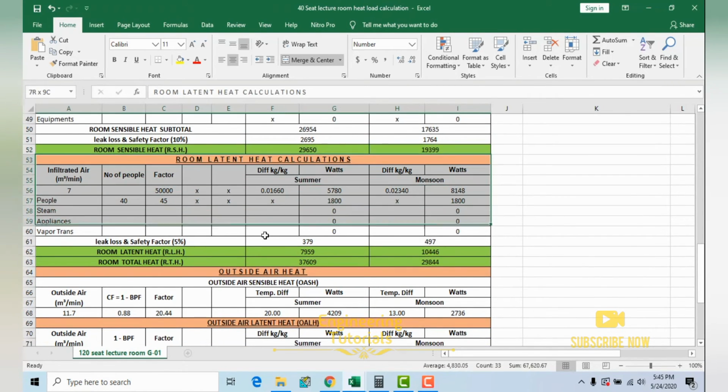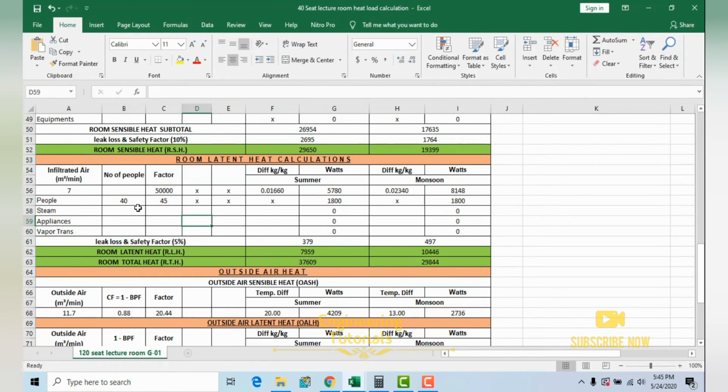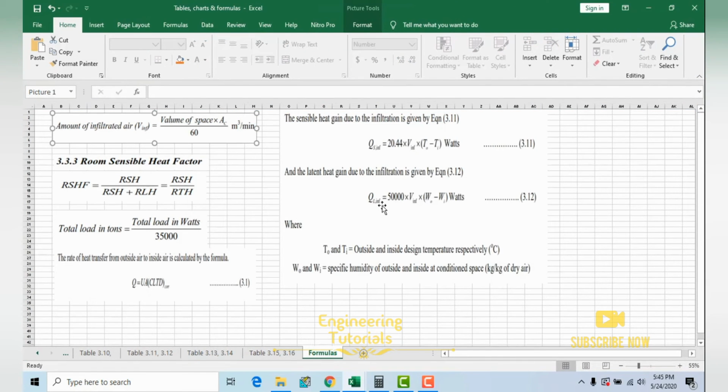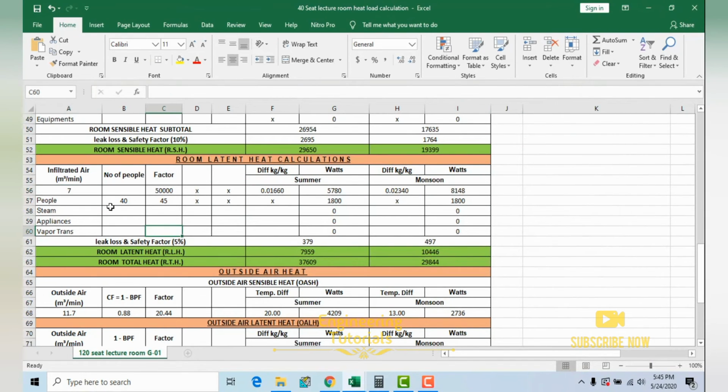And then room latent heat calculation. For latent heat from infiltration air, we know that it is 7 cubic meters per minute, which we already calculated before. The same formula is used for the latent heat: 50,000 times infiltration flow times W0 minus Wi. So 50,000 is the constant factor.